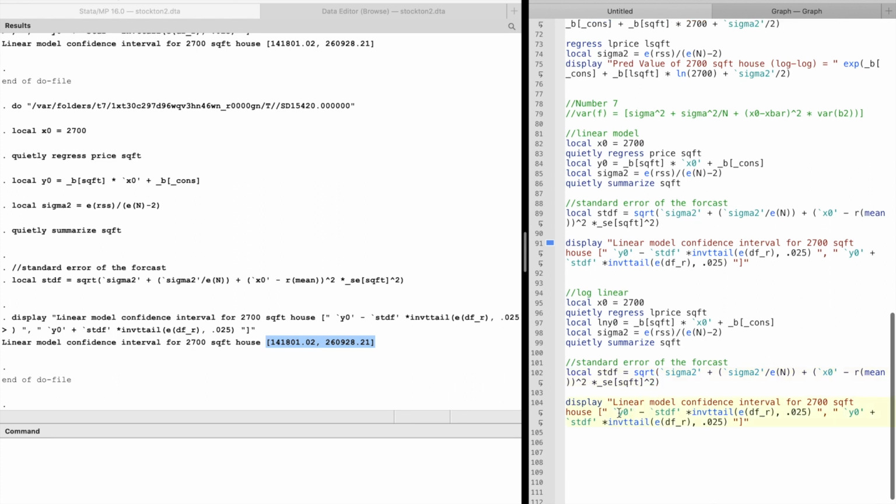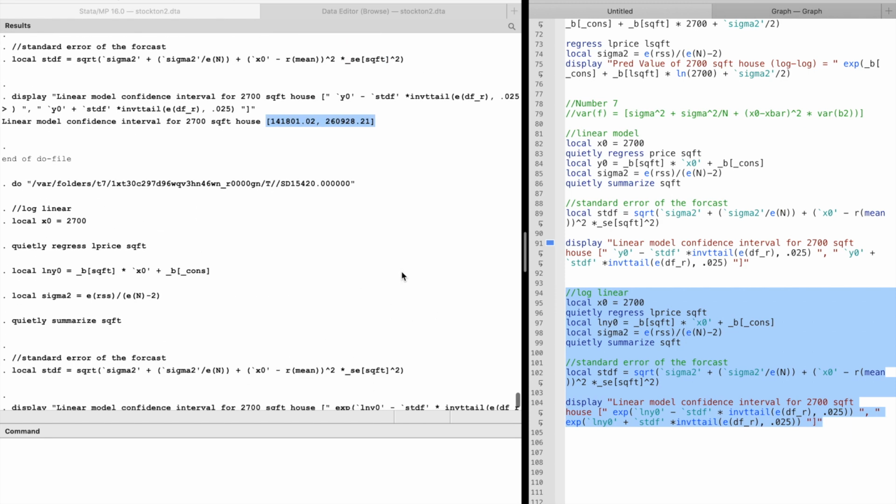And then we have ln of y hat. And this needs to be exponentiated, the exponential of this whole value. So exponential of that, exponential of the upper bound, and let's see how that goes.